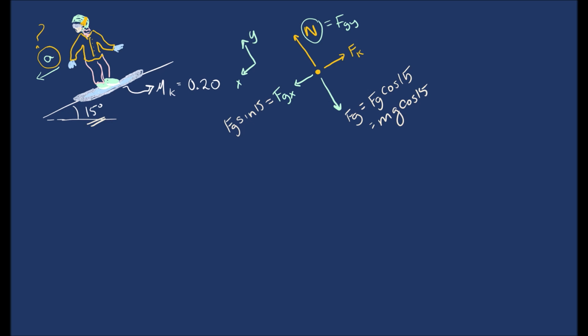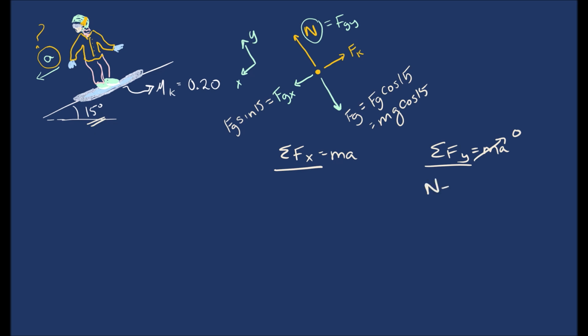Okay, so if we sum our forces in the x direction and sum our forces in the y direction using Newton's second law, we know that's going to equal the mass of the snowboarder times the acceleration. In the y direction, there's no acceleration. Okay, she's not accelerating up off the slope or anything. So when we sum our forces in the y direction, we know they're going to equal 0.